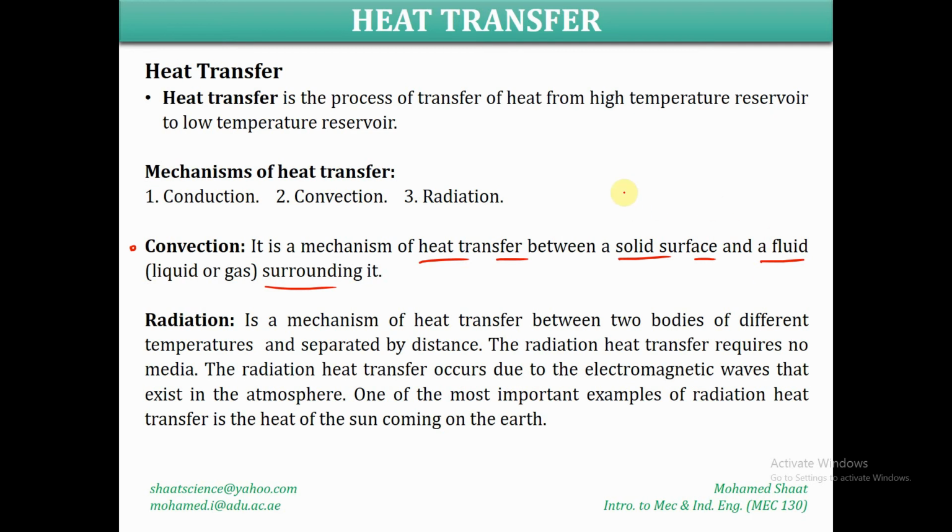So for example, if you have, let's say, a pool of water, and for some reason you're going to put some hot source here, like a probe that generates heat within this water.